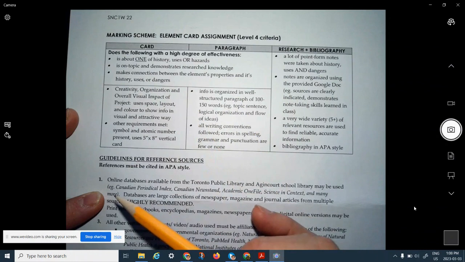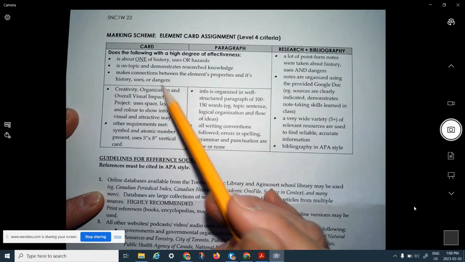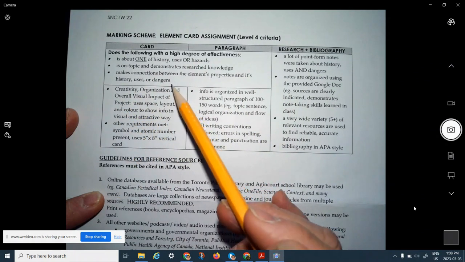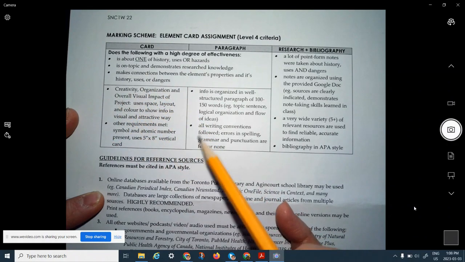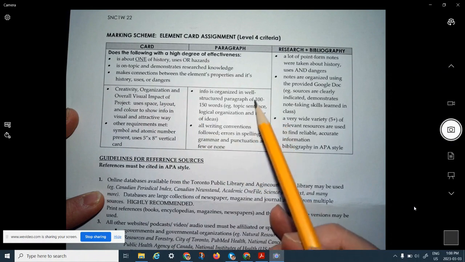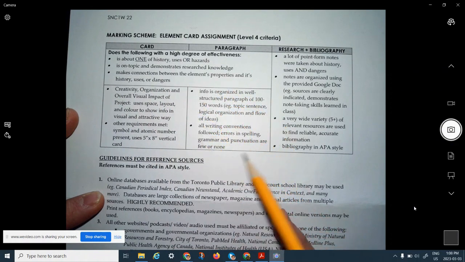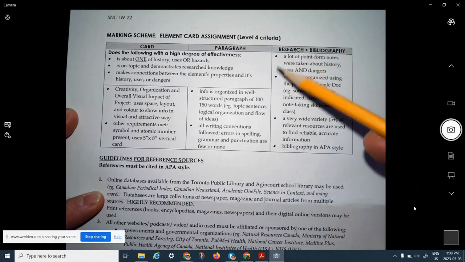In terms of the cards, this is what I'm looking for. In terms of paragraph, on the back, that's what I'm looking for. And research and bibliography, this is what I'm looking for.